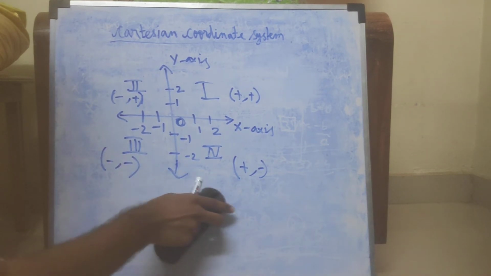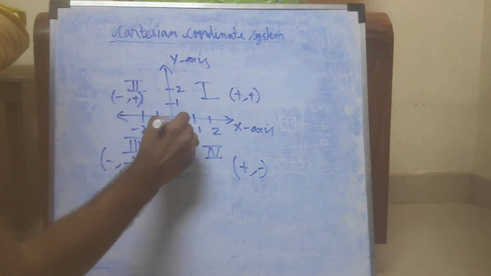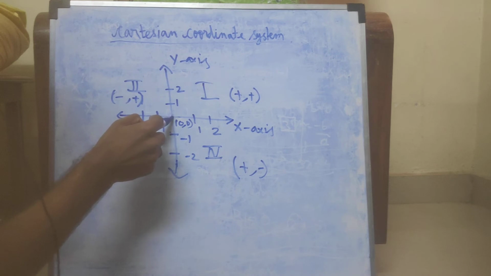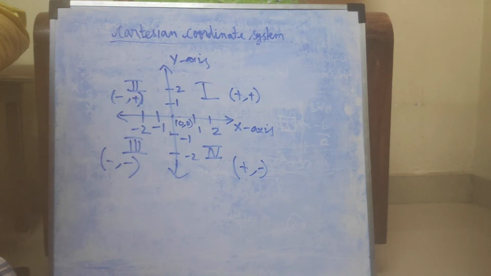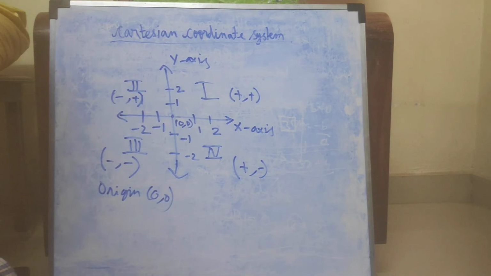I can represent it like this because both the values of x and y are 0. So this will come in all quadrants. I can say that it is a common point, the intersection of all quadrants, the origin point 0 comma 0. So this is how a simple Cartesian coordinate system is represented.